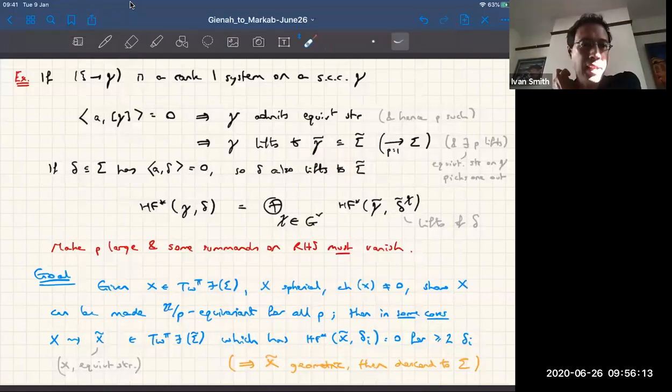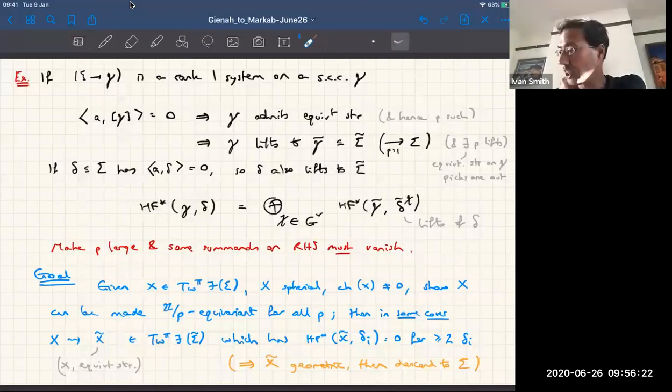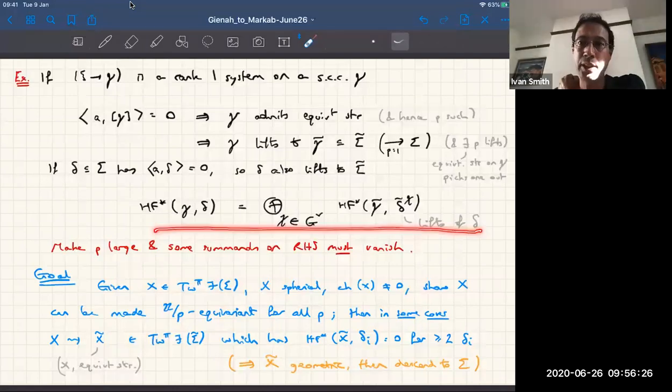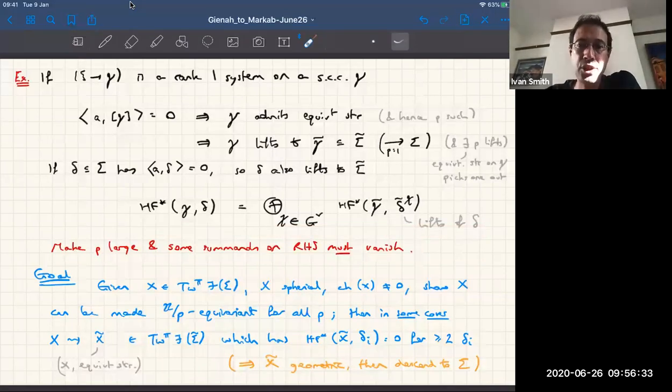And if I now pick another unrelated closed curve delta on which A also vanishes, so delta also lifts as a closed curve, indeed has many lifts to this covering surface sigma tilde, then the Floer cohomology of gamma and delta downstairs gets written as the sum of the Floer cohomology of my preferred lift corresponding to my equivariant structure on gamma with all the possible lifts of delta.